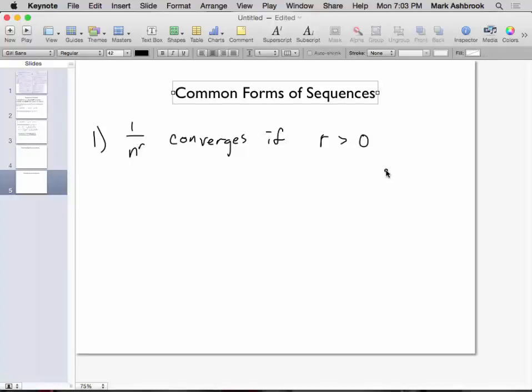All we need is a positive exponent r, and if you make n big enough, this will eventually get as close as you want to 0. So what are we saying? We're saying the limit as n approaches infinity of 1 over n to the r equals 0 if r is greater than 0.